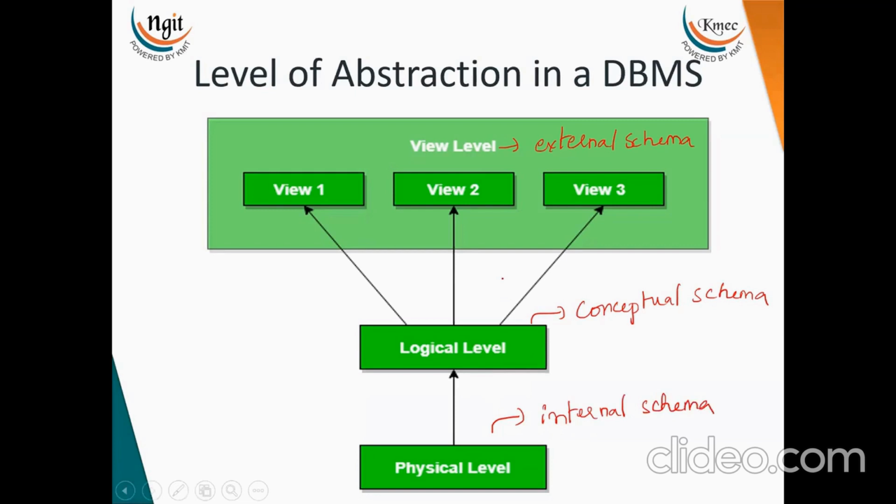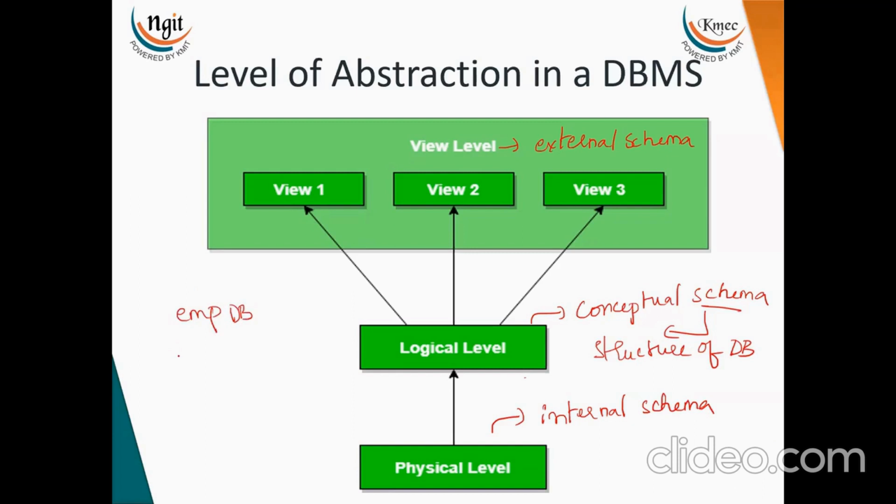Before learning what a view level, logical level and physical level are, firstly, what is a schema? Schema defines the structure of database. Example, let us take an employee database, in which all details can be stored.